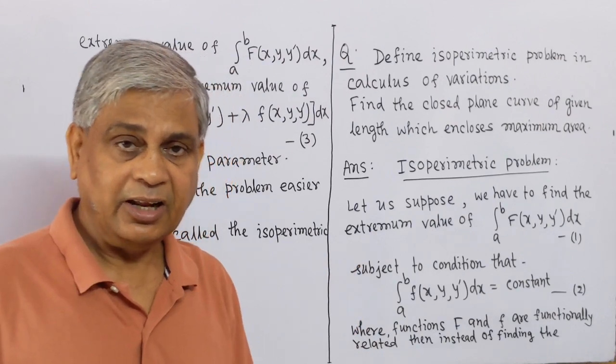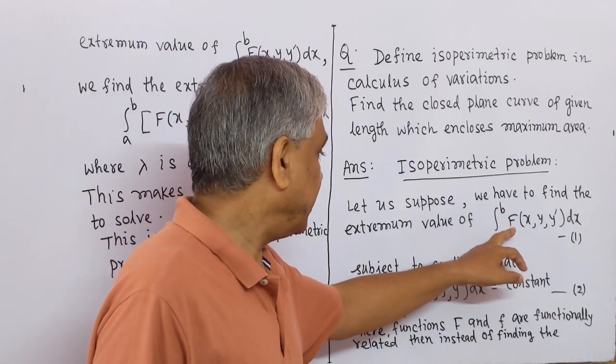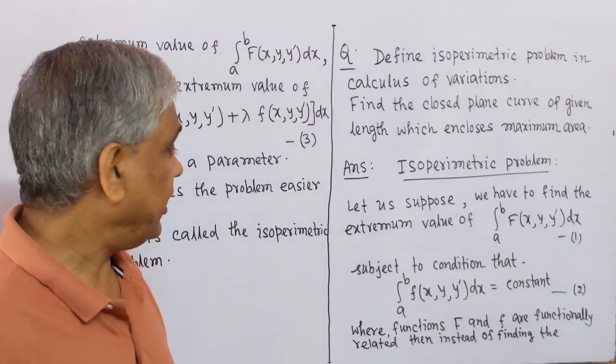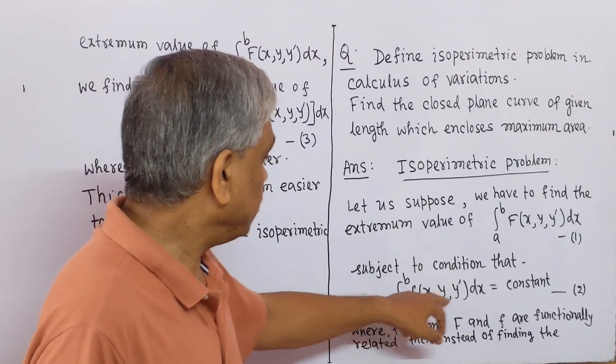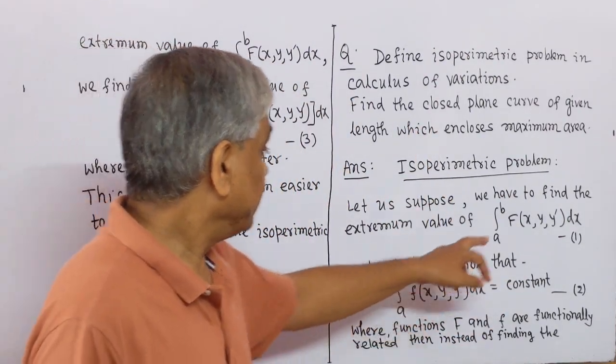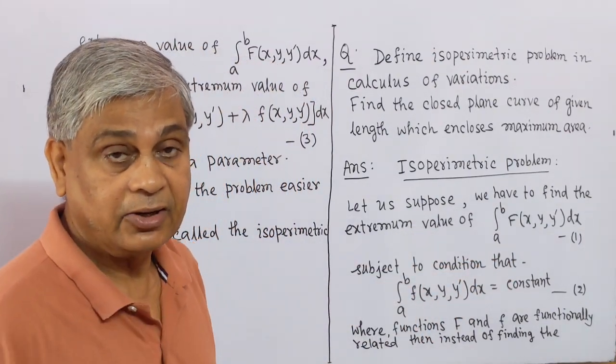In the nutshell, we have to find the extreme value of this integral and another integral equal to constant, and this integral and this integral are functionally related.